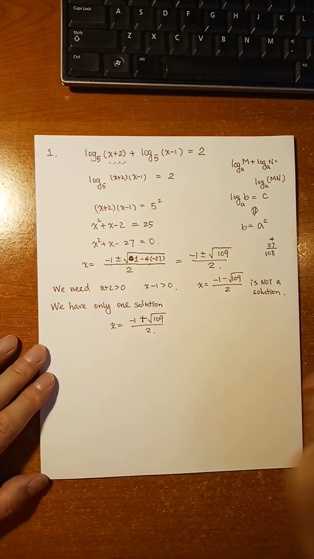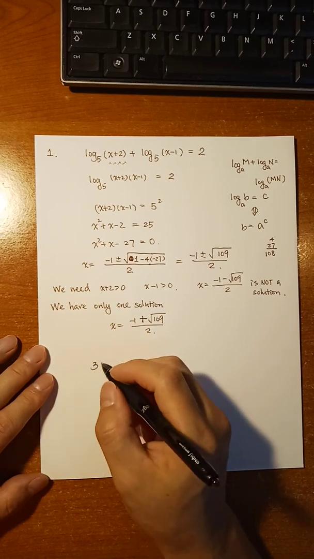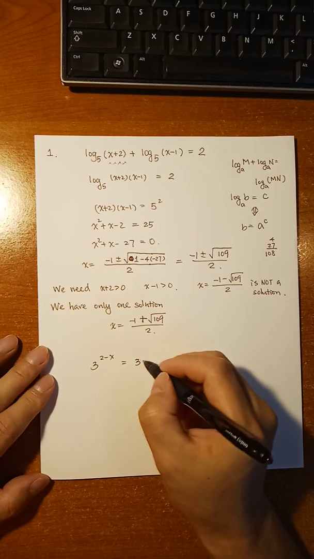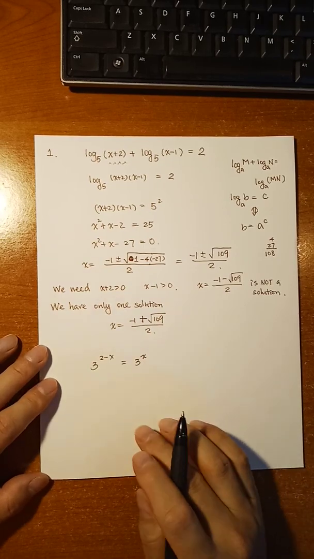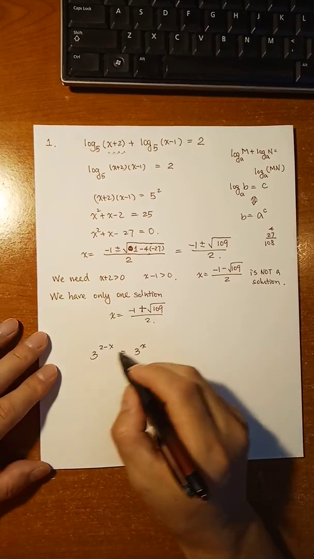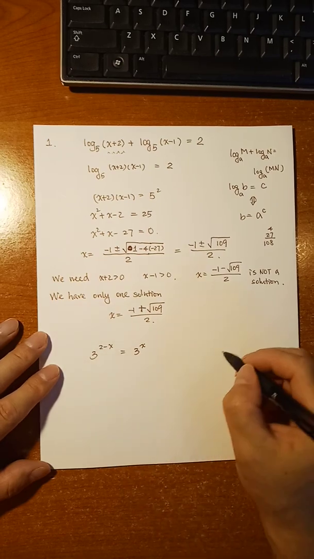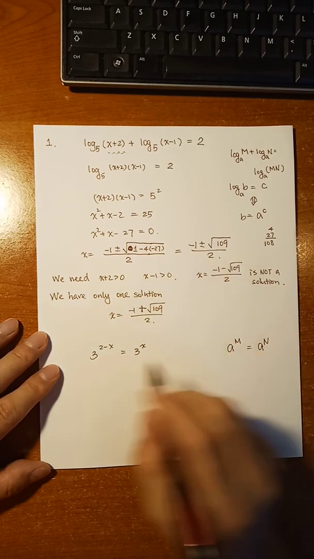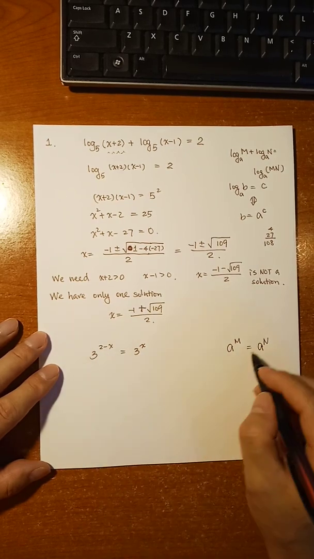Okay, second one, 3 to the power of 2 minus x is equal to 3 to the power of x. This one is a simple equation, because a to the m is equal to a to the n. Check here, you have the same base.